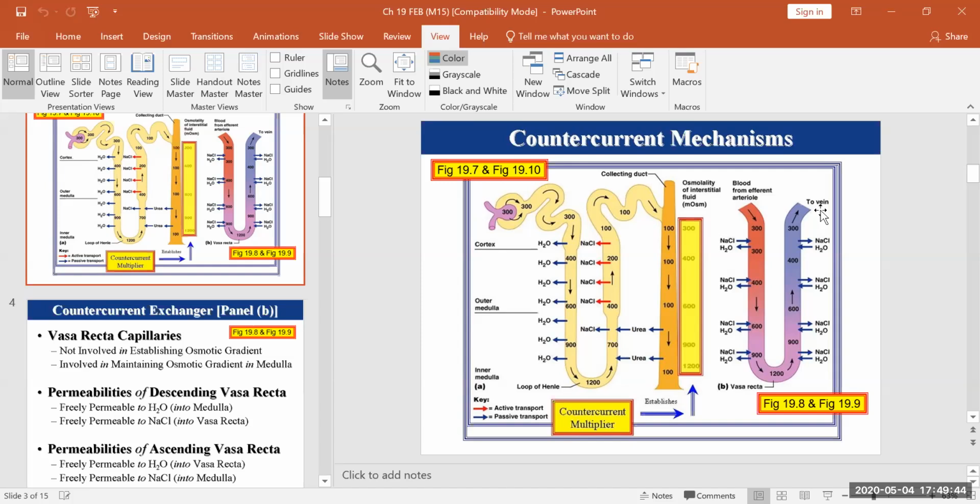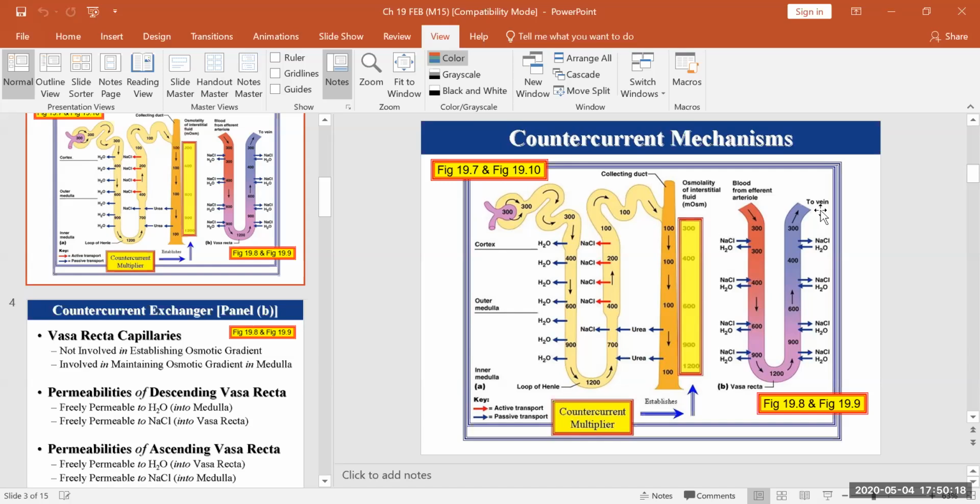Now, what is important, and in your book it's clear, is if you go to Figure 19.8 on page 540, you see the loop of Henle as a yellow hairpin loop, and the vasa recta as the red and blue colored vessels.